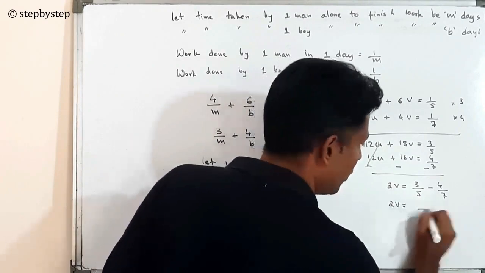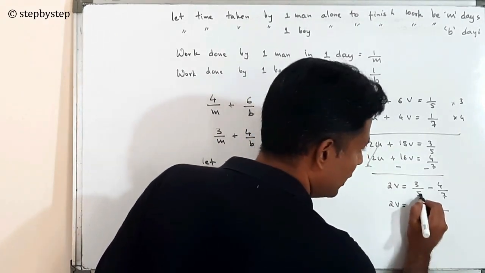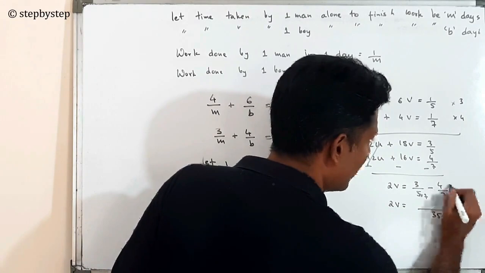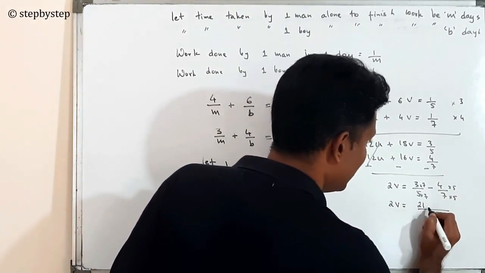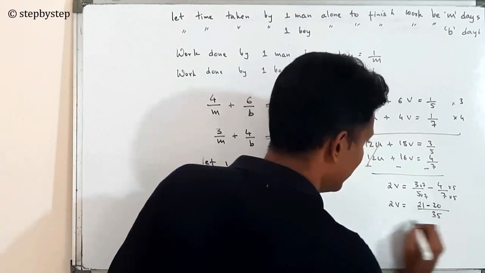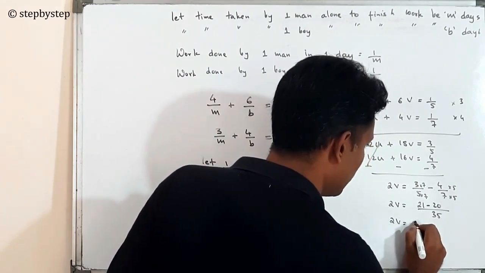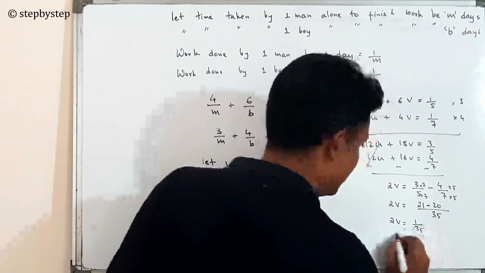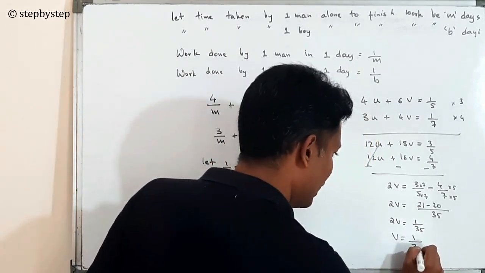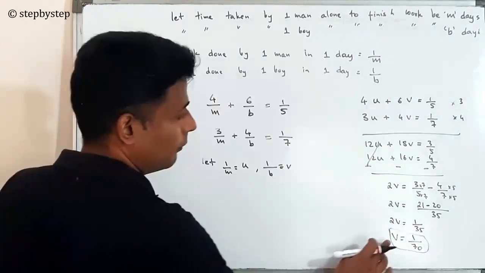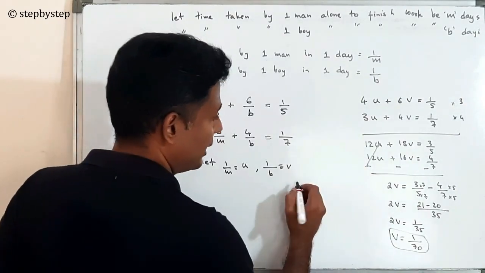So 2v equal to, here 35 is the LCM, here into 7, here into 5. So 3 7s are 21 minus 20. So we get 2v equal to 1 by 35. So we get v equal to 1 by 35 into 2, so 1 by 70. V equal to 1 by 70.